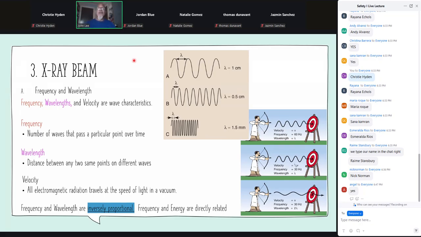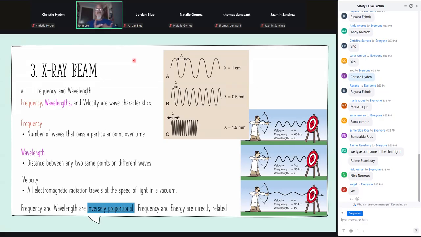Now, it is emitted in and moves through space in a sinusoidal wave pattern. So that's what that S curve is. There are some things that we need to look at as far as characteristics of waves. There are 4 main characteristics, and one of them translates to a 5th.